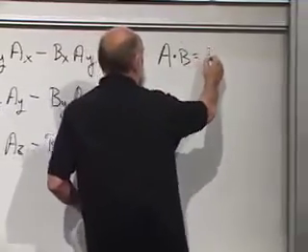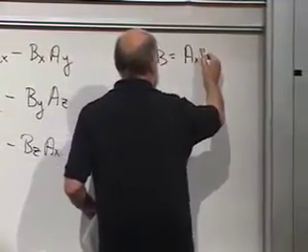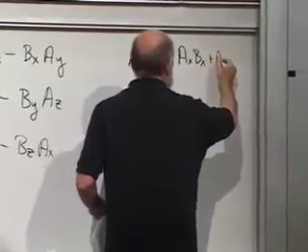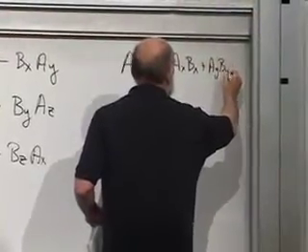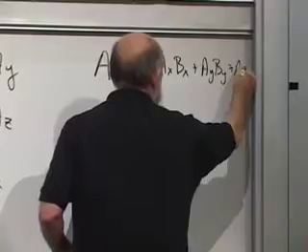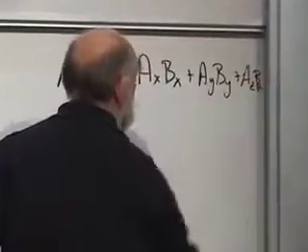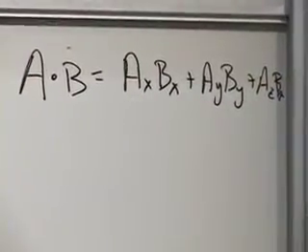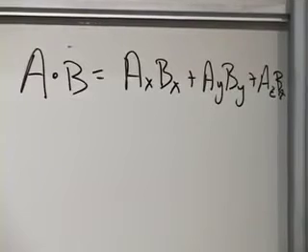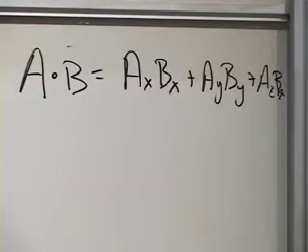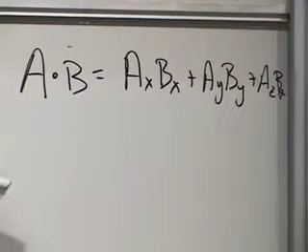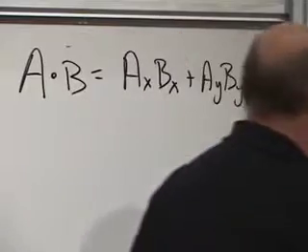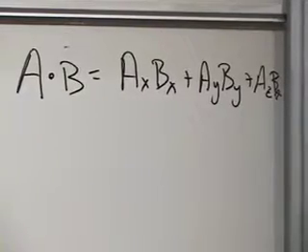And its definition is AX BX plus AY BY plus AZ BZ. Can that be read? I hope that can be read. That's the dot product, and it's a scalar. That's one set of concepts that we've been through several times.